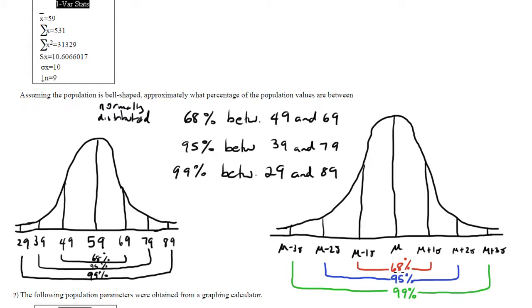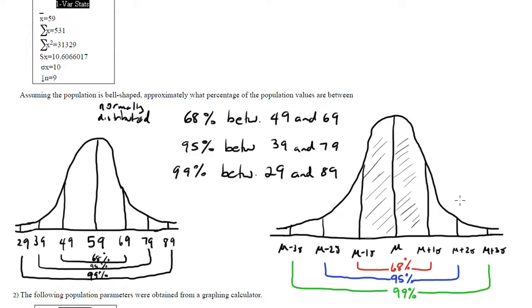I can split that 68% in 2 and say about 34% are here, between 1 standard deviation below the mean and the mean, and 34% are here. So if I asked you what percentage are between 49 and 59, 34%. And the same symmetry applies all the way down.